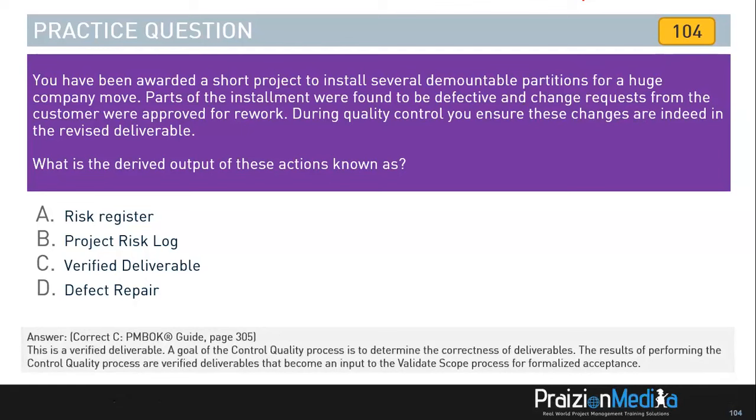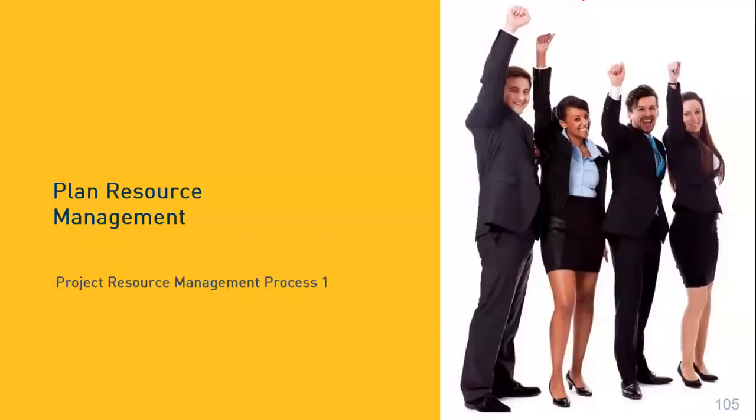A goal of control quality is to determine correctness of deliverables, and the results of performing the control quality process are verified deliverables, and that becomes an input to validate scope for formalized acceptance. Let's move on. And that concludes our view of the relatively intermediate questions.